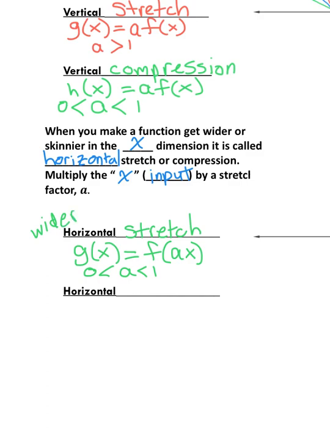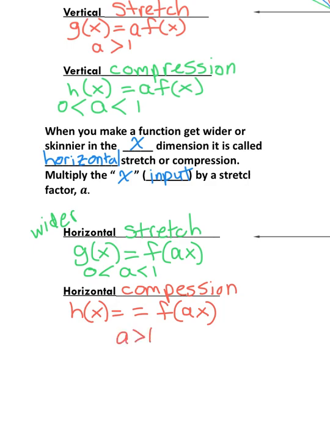And in terms of compression horizontally, that means we're getting skinnier in the horizontal dimension. So that would result in some kind of image where we again multiply our input variable by some kind of factor. But if we want to get skinnier, that factor is going to be greater than 1. Let's actually call this skinnier.